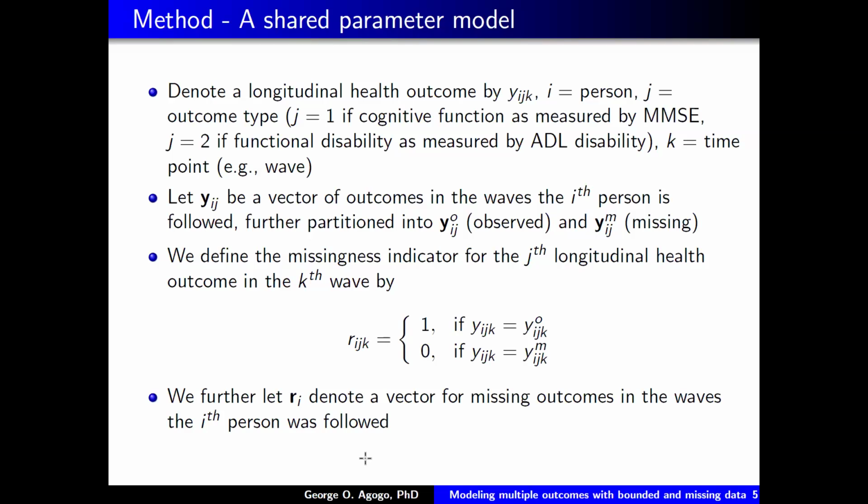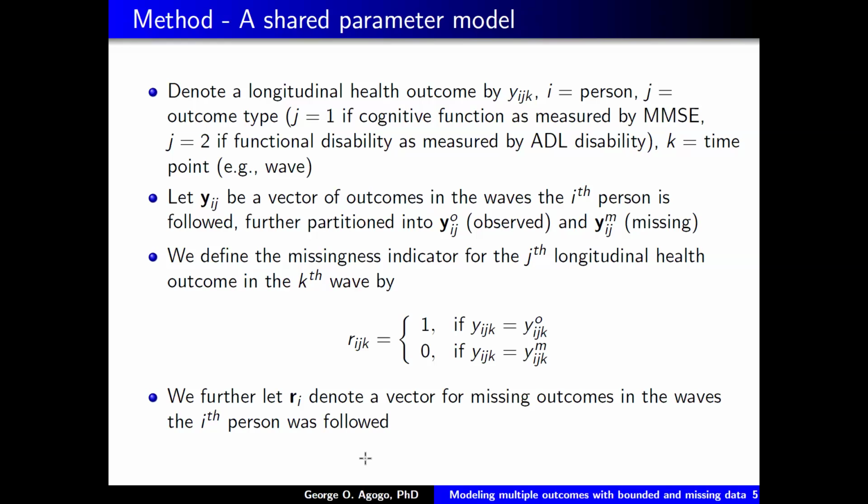Basically, we represent the outcome measurements for each person using a vector, a series of observations from a particular person or study unit. Then we partition that outcome vector into Y_ij superscript O, meaning observed, and M for missing.